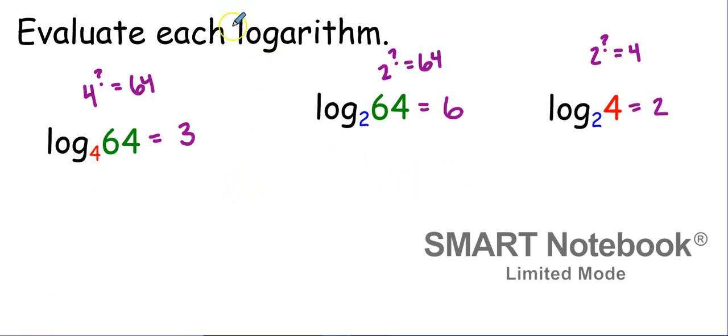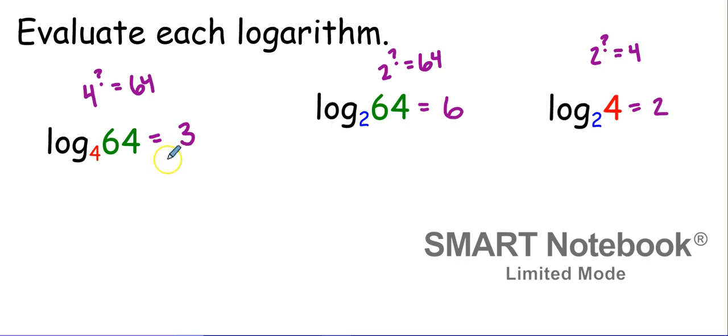What I want to show you is we've got this original problem here, log base 4 of 64. And look at what's happening. The original base was 4, and the new argument, whatever's inside the log, is 4. That transfers over there. 64 goes over here.